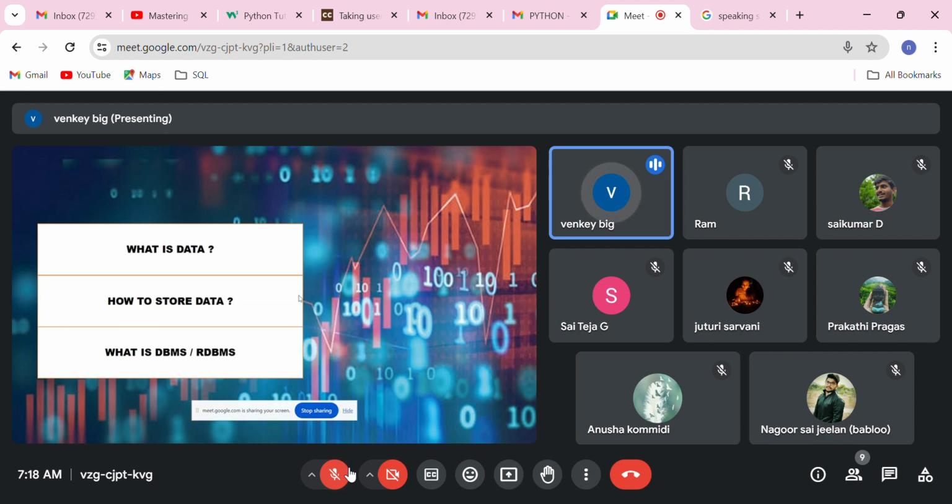If I want to develop a database package, I have to follow certain rules. Rule number one: the data stored in my database system should always be in the form of tables, meaning I have to store only structured data.